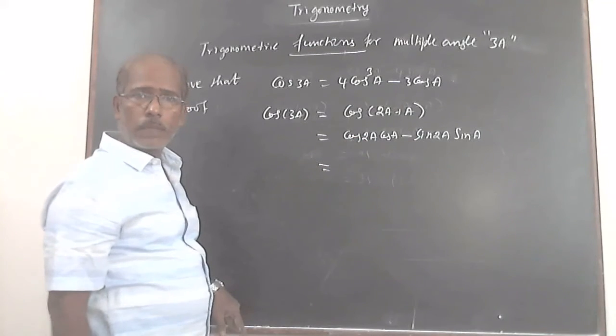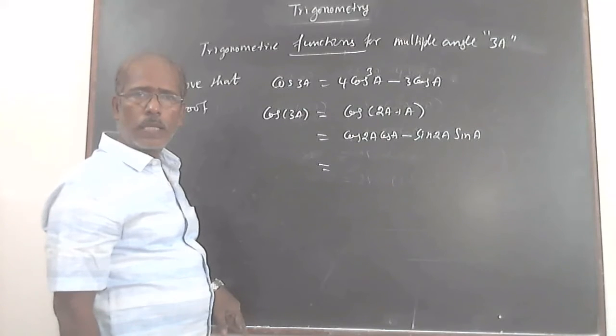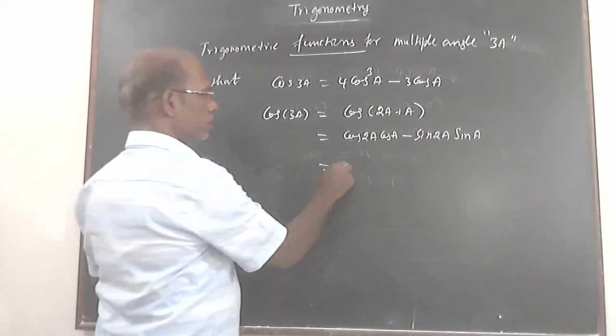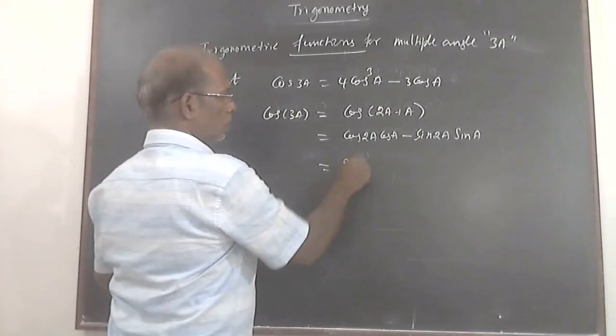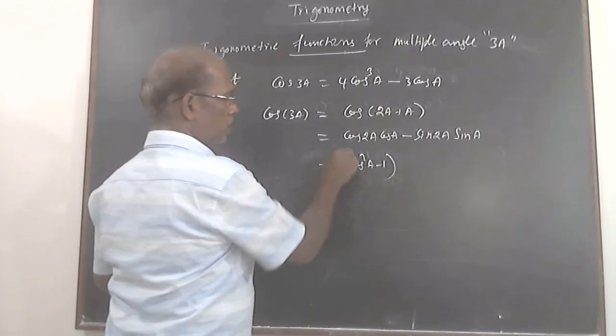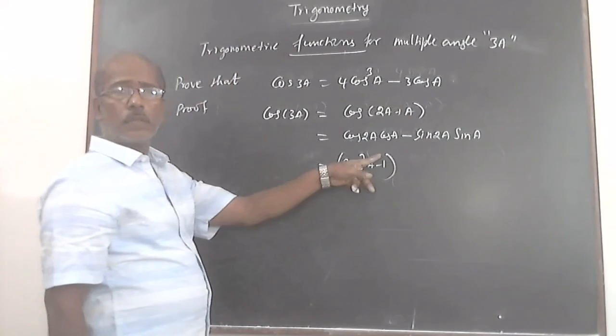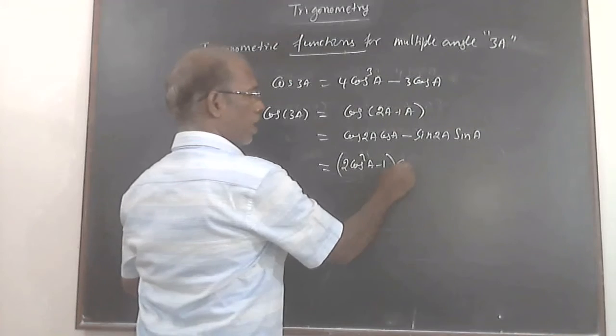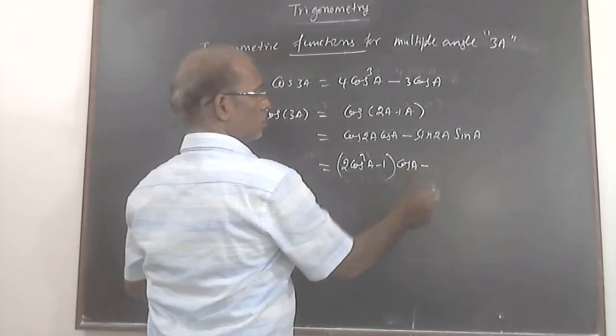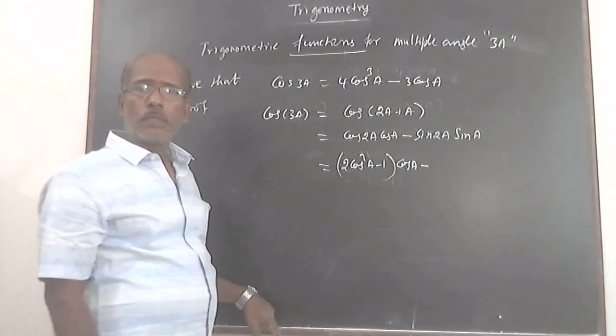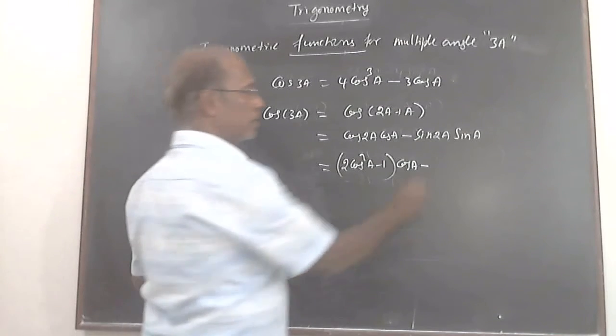Cos 2A is 2 cos square A minus 1, correct? Into cos A. And sin 2A is 2 sin A into cos A.